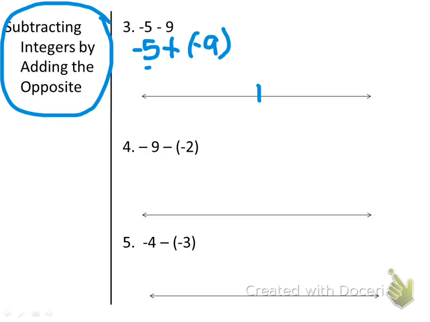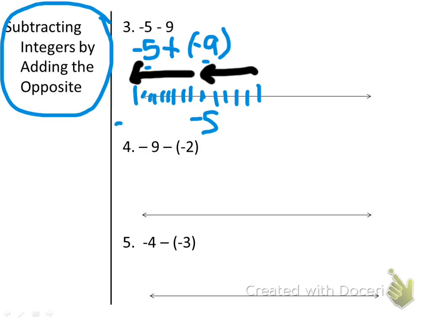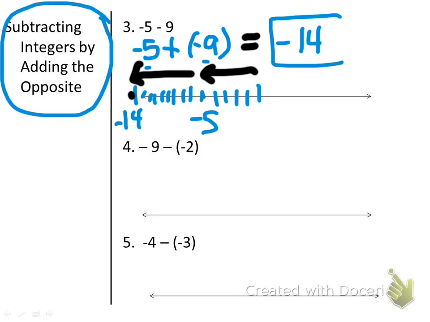When I add two negative numbers, it's like adding 5 and 9 together. So I know that 5 negative plus 9 negative equals 14. That is correct. So my answer for -5 plus -9 is -14.